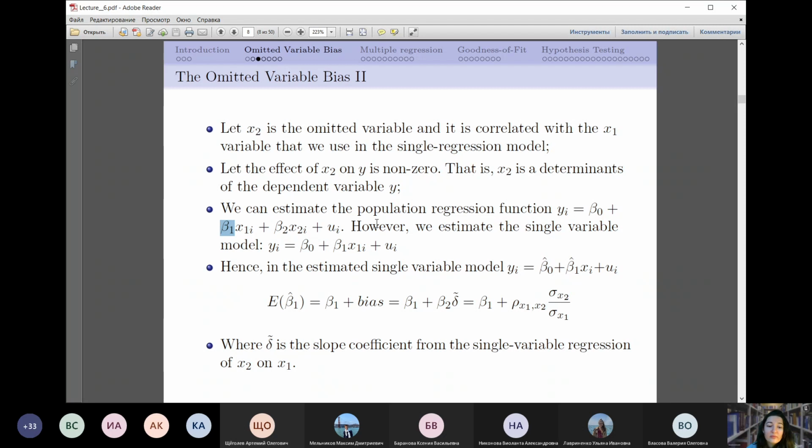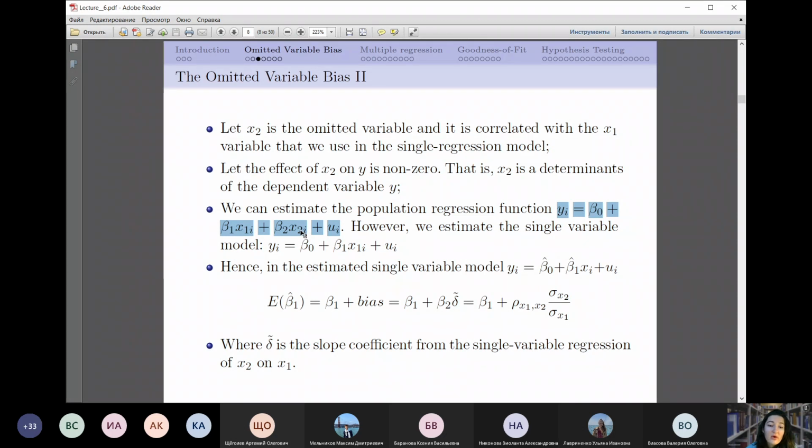So in order to get an unbiased estimator of beta 1, you should run this regression. But maybe you ignored this, or you didn't have available information about x2.